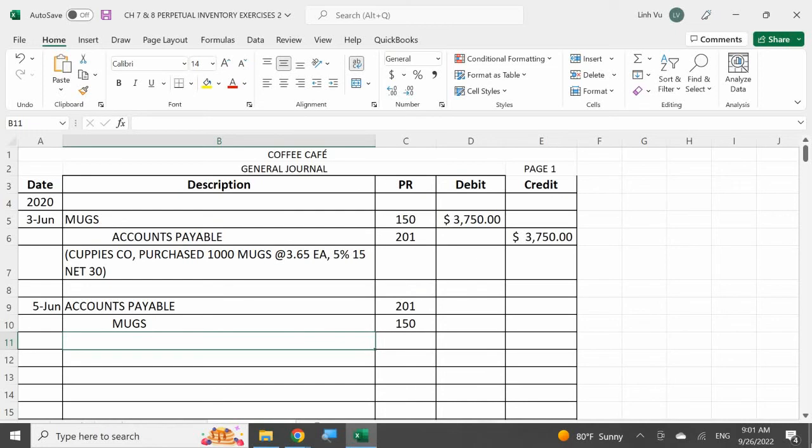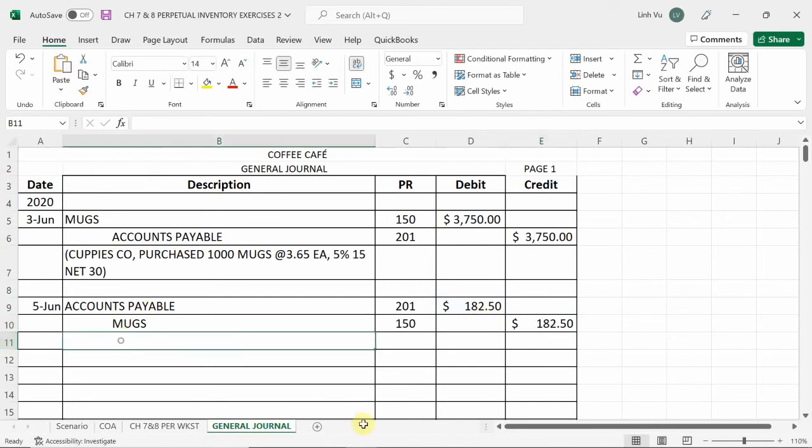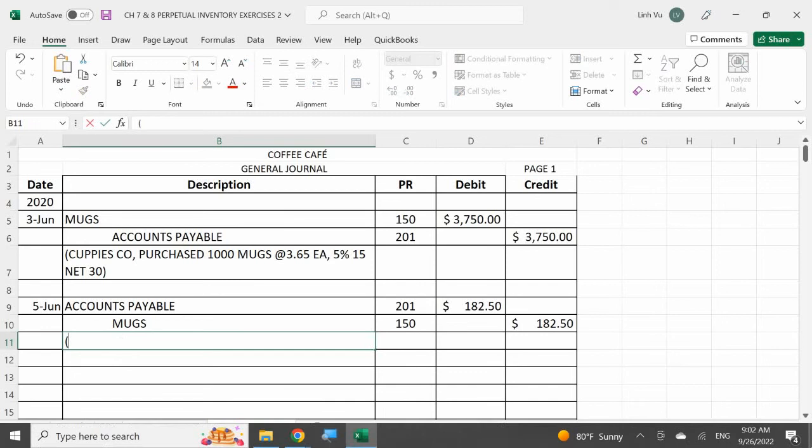So in this case, what's 50 times $3.65? 182.5. 182.5, right, is what you're going to get reduced on your account. So let me go ahead and put it here: return 50 broken mugs at $3.65 each for full refund.